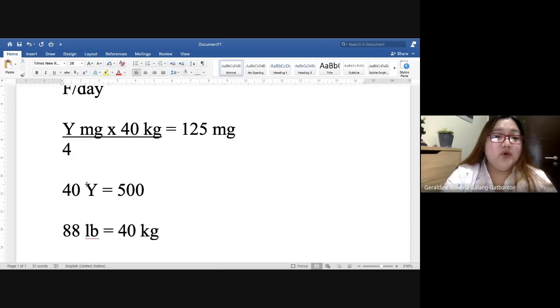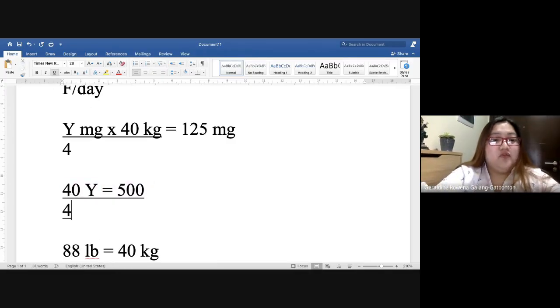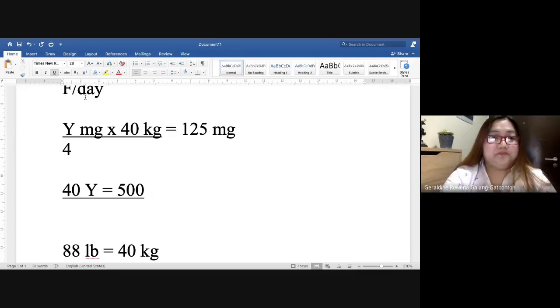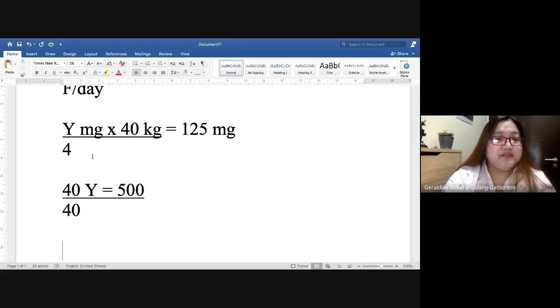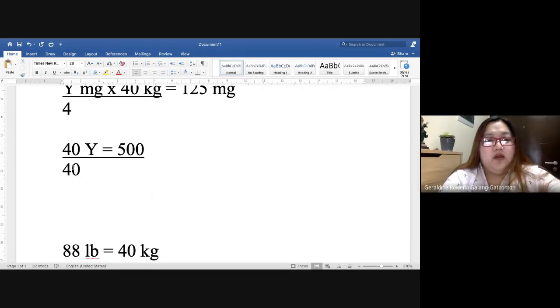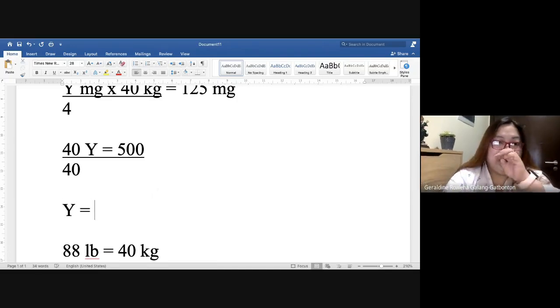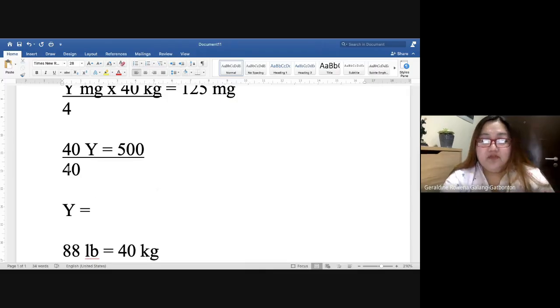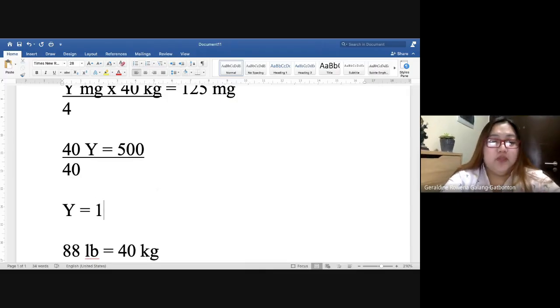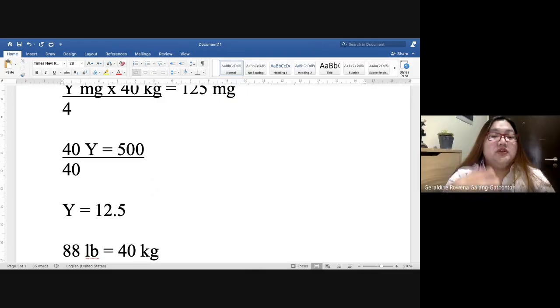Okay, anong hinahanap natin? Yung value of y. So, para mahanap natin yung value of y, we can divide both sides by 40. When we divide both sides by 40, 40 divided by 40, cancel. Ang matitira, y. And then, 500 divided by 40 is 12.5. So, ano yung 12.5?